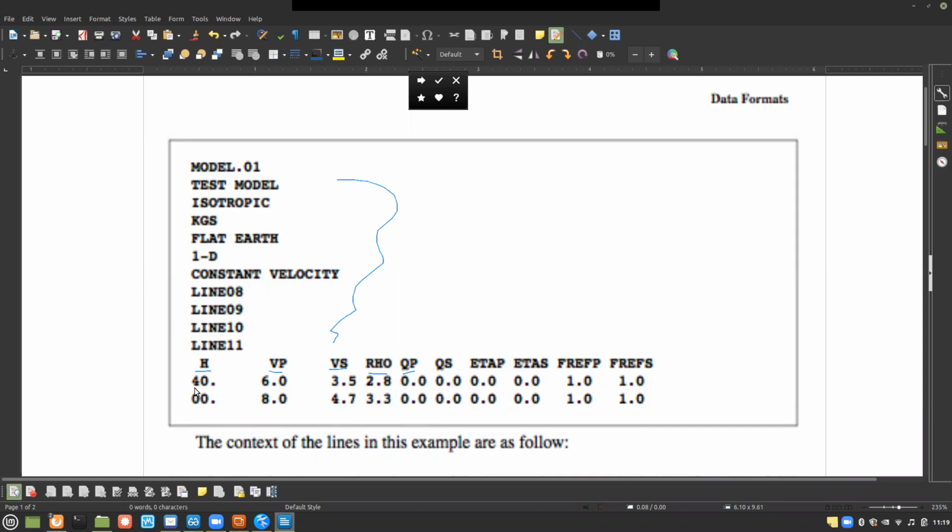So here it's just the surface, a layer over a half space. The thickness of the half space is in almost every program defined as 0. And then the first layer is 40 kilometers, okay? And then its VP is given, its VS is given, and its rho is given. So these are how you define the parameterization.